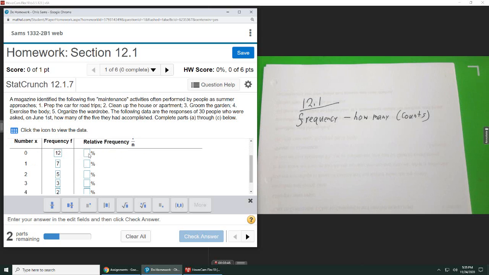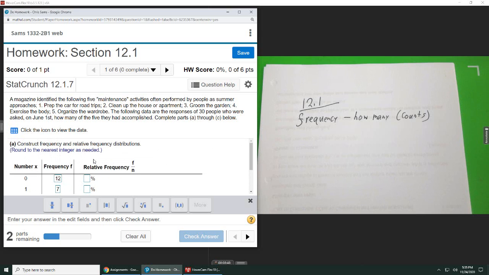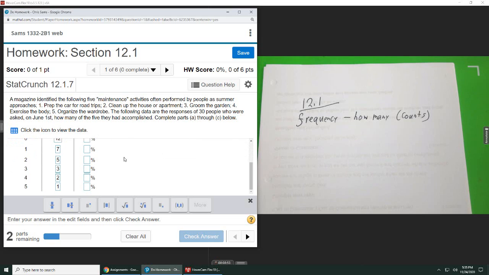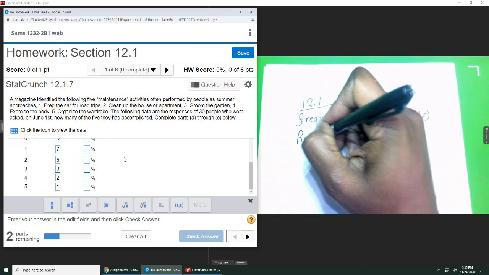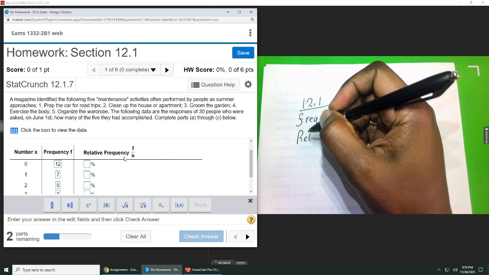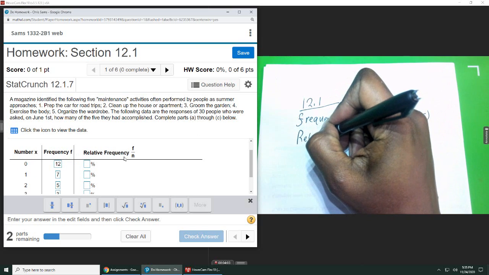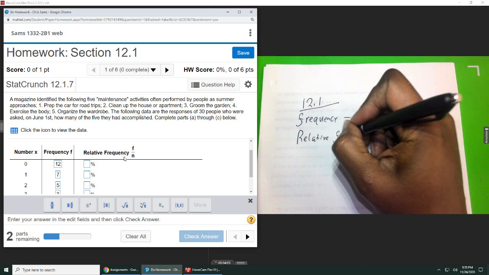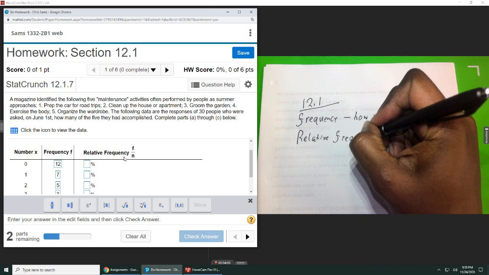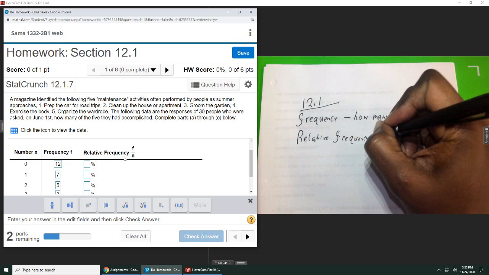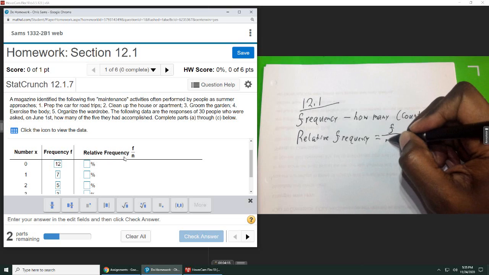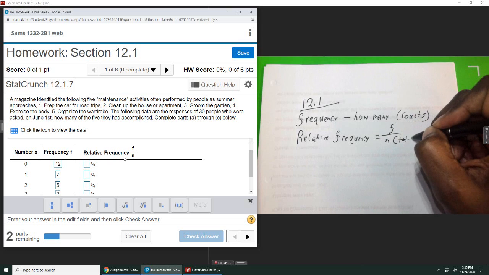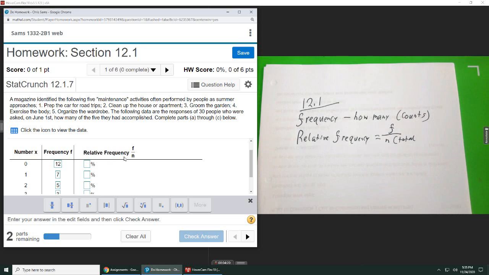The relative frequency is what they're showing you here, F, which is frequency, divided by N. N is the total number. Okay. Relative frequency is frequency over N, which I'm going to say total. All right, we want that as a percentage.